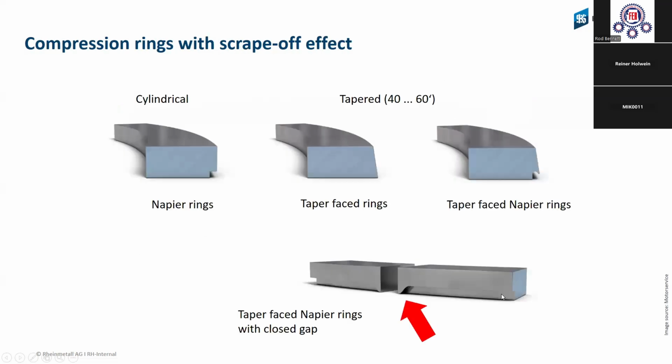Here you see also the compression ring with a scrubber effect. That means we have a cylindrical ring and neighboring rings. Then you see we have on the outside a step that also gives this ring a better contact, and also a little bit more sealing or scraping of the oil.